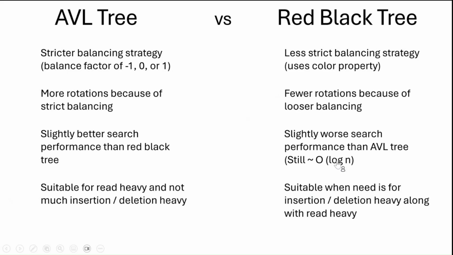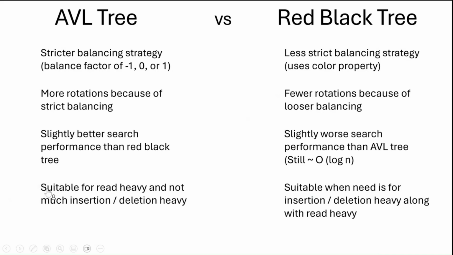In a red black tree, it is slightly worse than AVL tree, but overall it is still O of log of n. So red black tree is balancing between too many rotations and search performance, making sure that it is still within log of n.